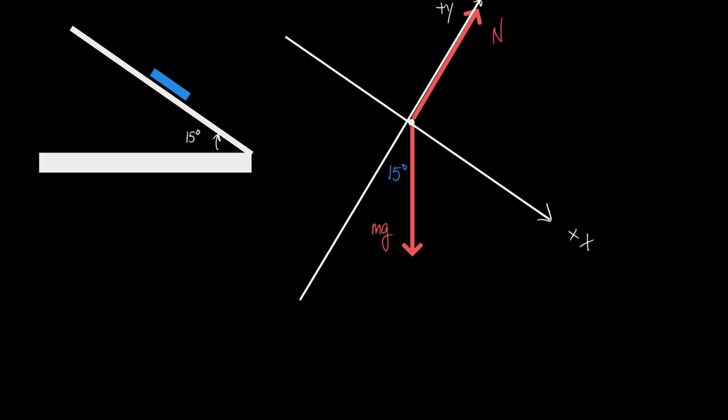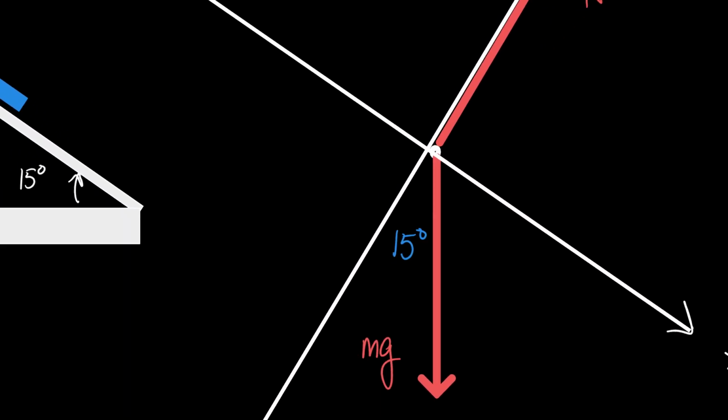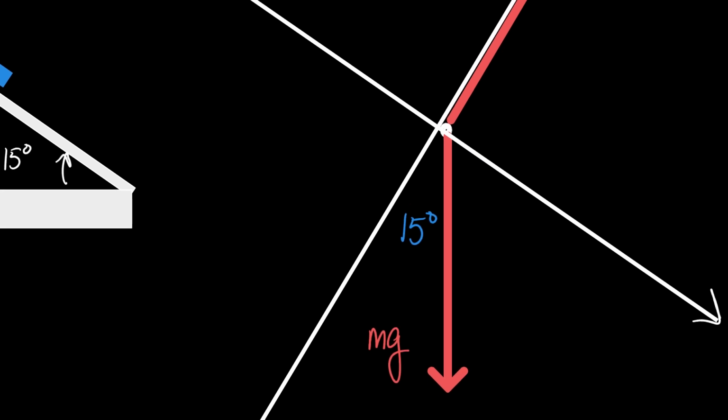Now, my next step is to take any off-axis forces and break them up into components. I will watch as people screw this up. For whatever reason, they don't like to make the triangle correctly, but the triangle should have the right angle against the y-axis like so.